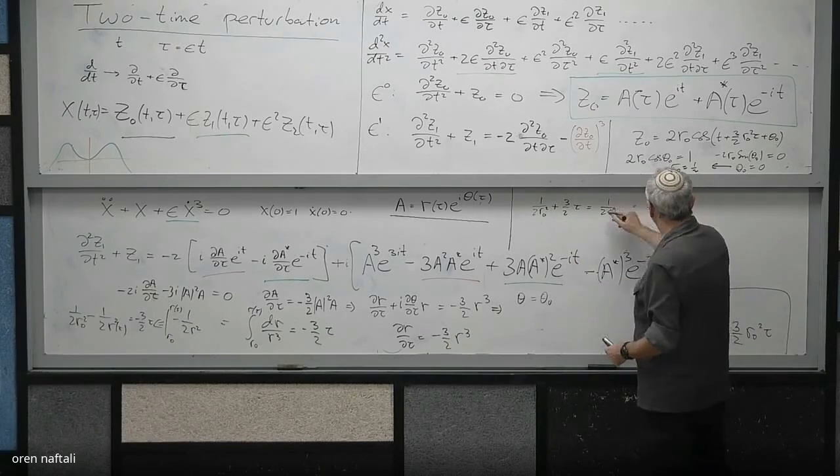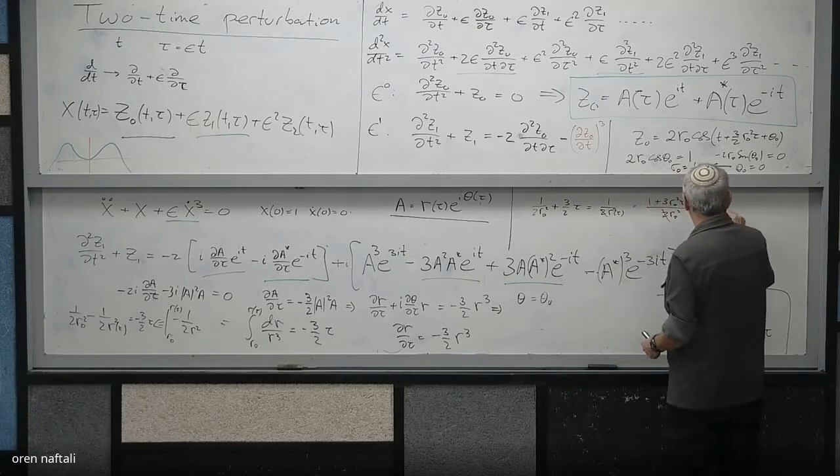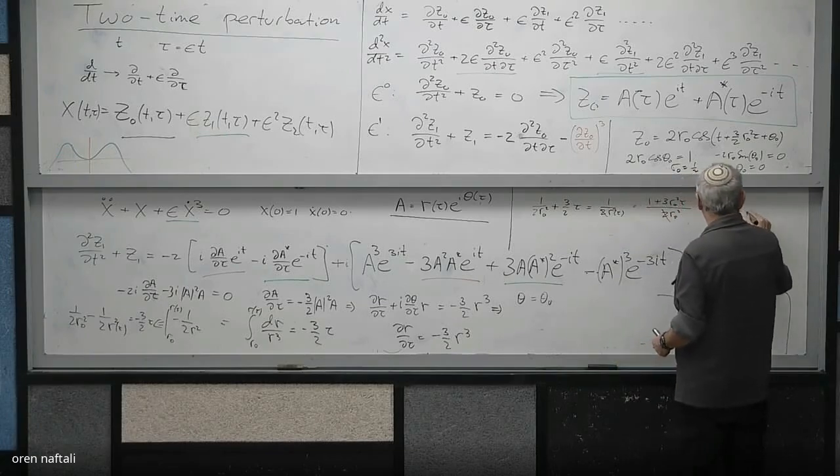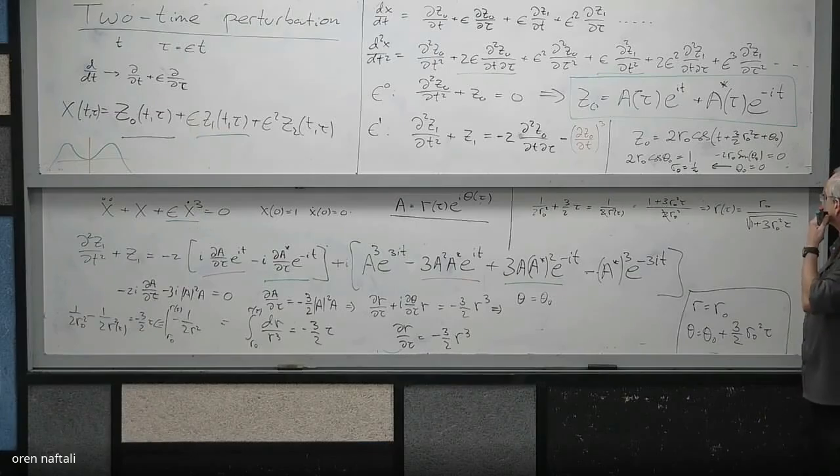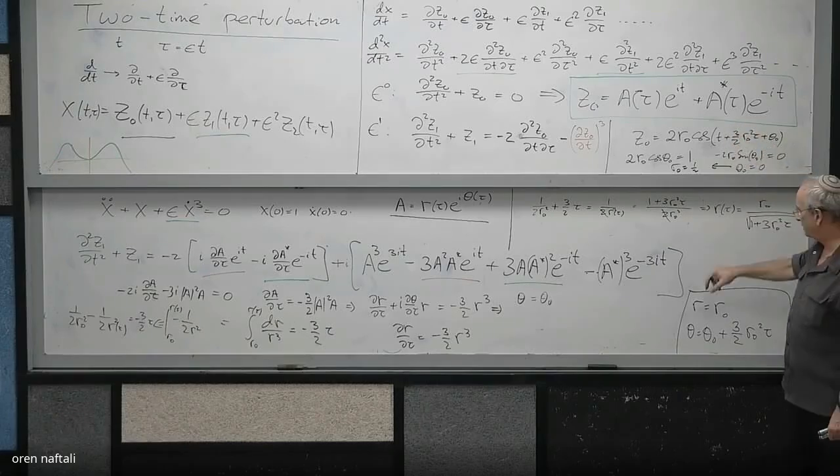So now the 2 and 2 cancel out, and I find that r of tau is r naught divided by the square root of 1 plus 3r naught squared tau. Plus minus, no? No, you have to take the plus. Okay. So I have the solution. I have that note.